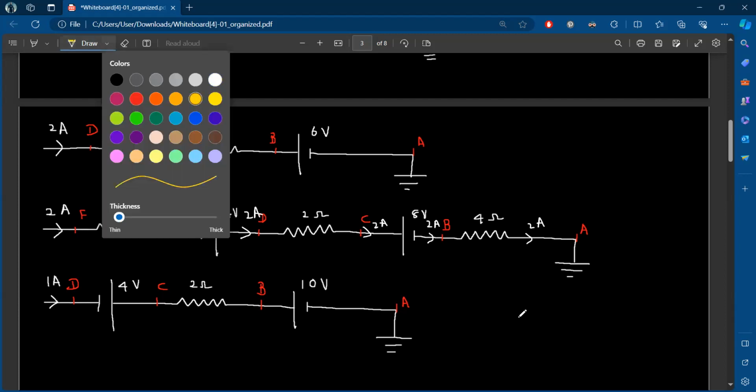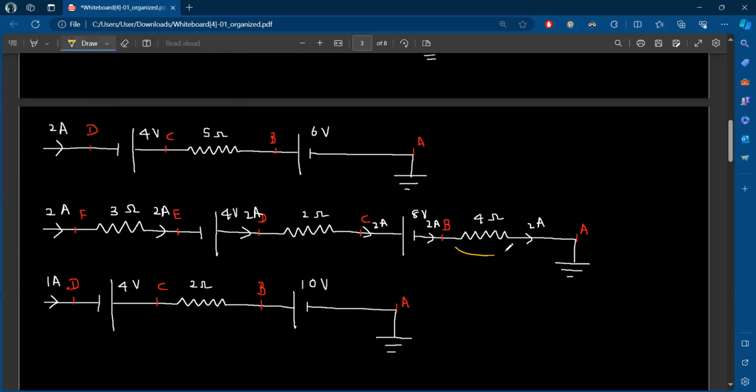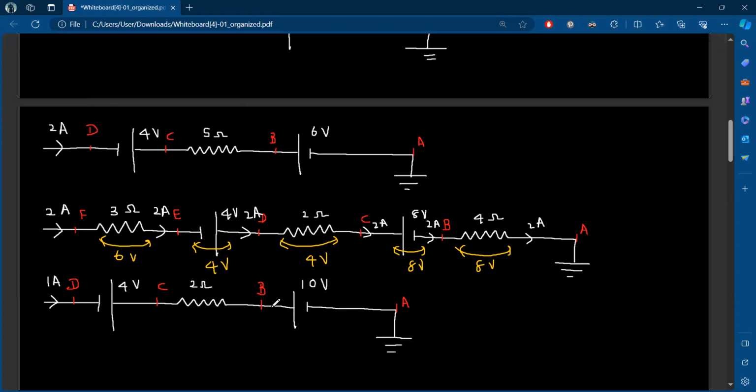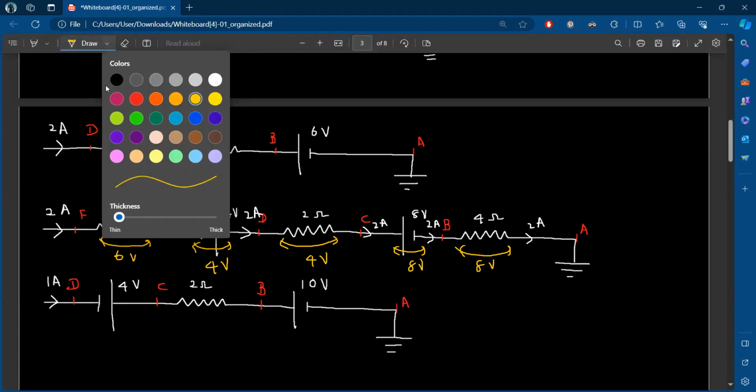Okay. Then the voltage differences are 2 into 4, 8 volts. This one is also 8 volts. This one is 2 into 2, 4 volts. This one is also 4 volts. This one is 6 volts. Am I correct up to this point? Yes, sir.